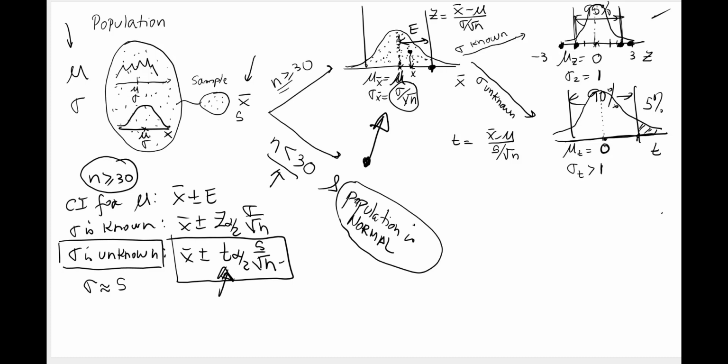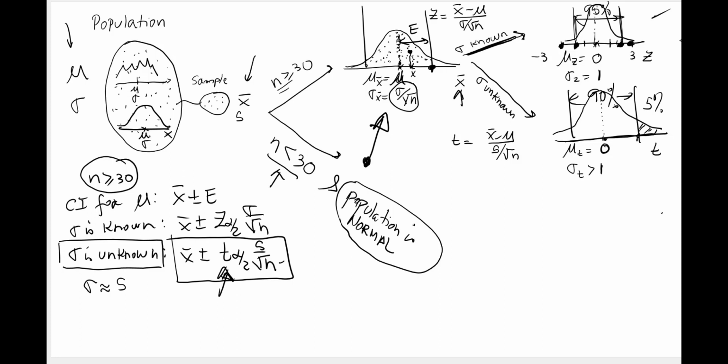The distribution of all sample means follows a normal distribution because the population is normal. And if sigma is known, we can use the standard normal distribution. We can use the z-score, but this case is rare. It's not common. We don't know the standard deviation of the population when we don't know the mean of the population.